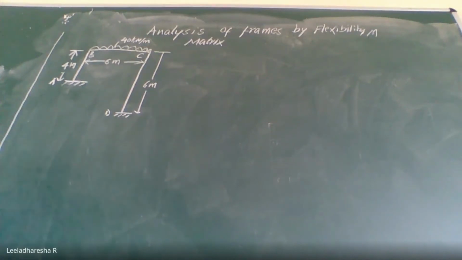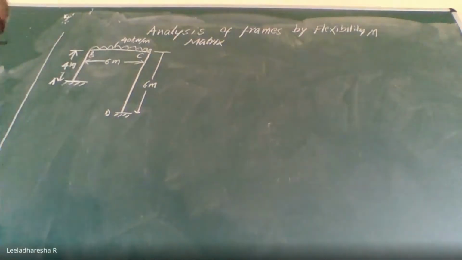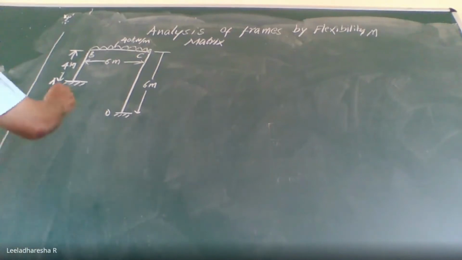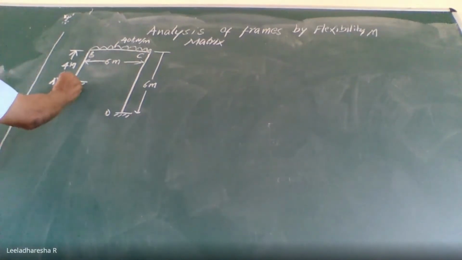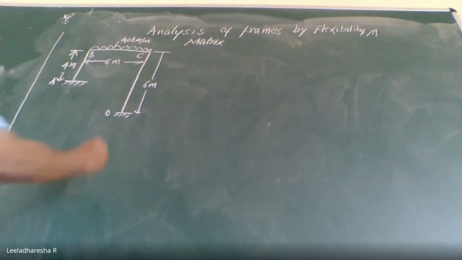So now the first step remains the same, that is, determine the degree of indeterminacy. So what is the degree of indeterminacy? See, support A is fixed, therefore all three reactions can exist at support A: one is the vertical reaction, the horizontal reaction, and a moment.